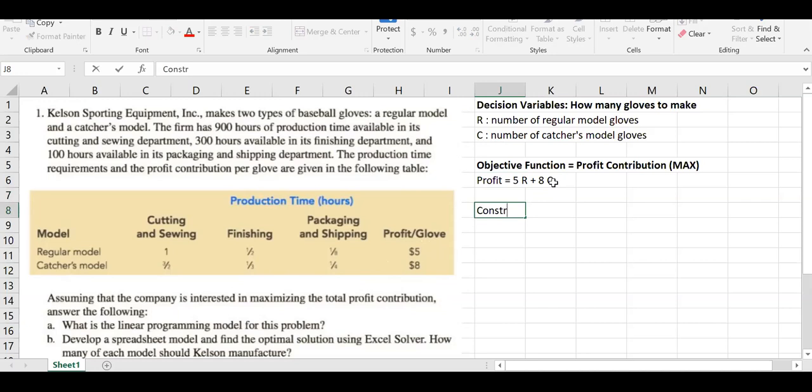And then constraints. There are only 3 constraints. Like I said, it's not really a complicated problem. The only type of constraint we need to consider is the limited production time in each department.